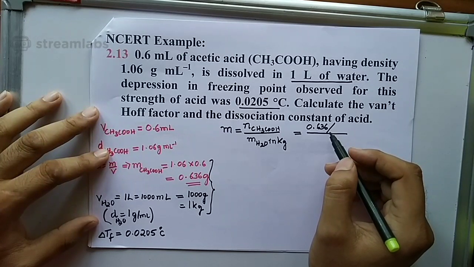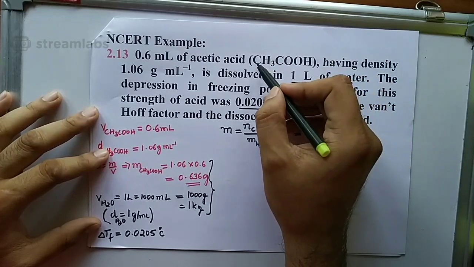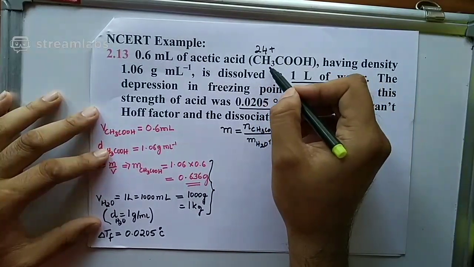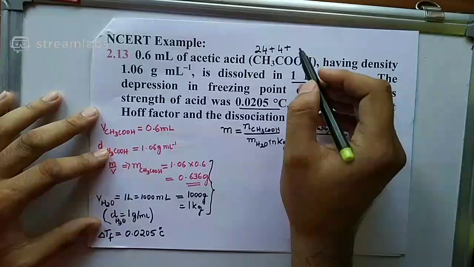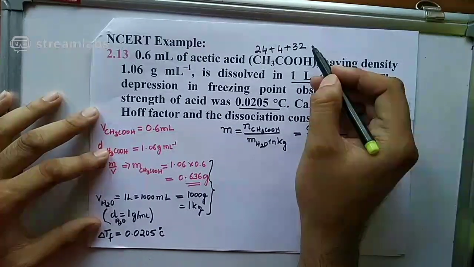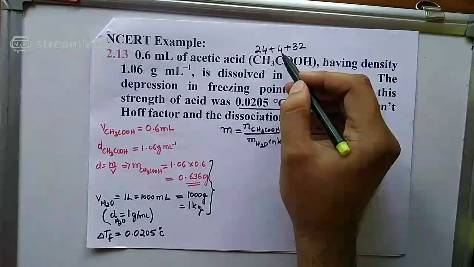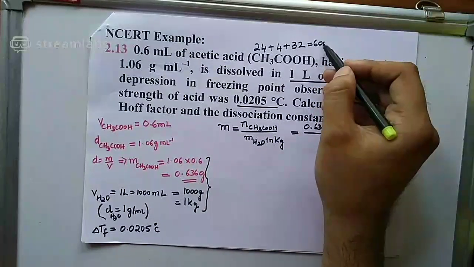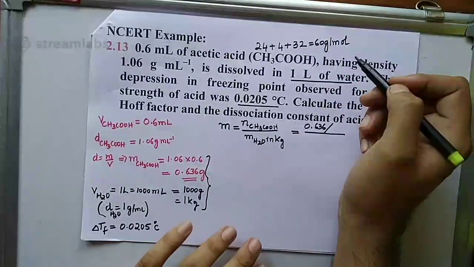That is 12 into 2, which is 24, plus 4 hydrogens, 28, plus 16 into 2, which is 32. So 28 plus 32 is equal to 60 gram per mole. The molar mass is 60 gram per mole. I think this point is clear, students.